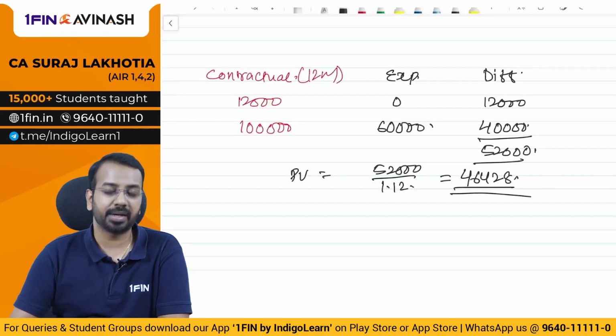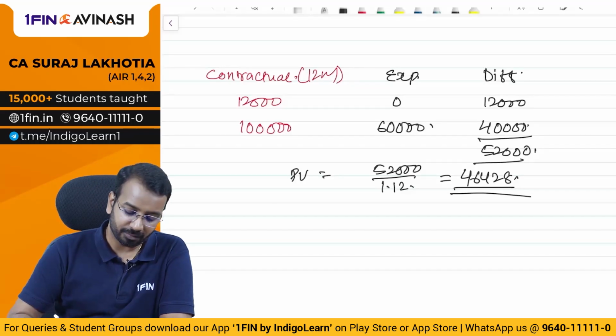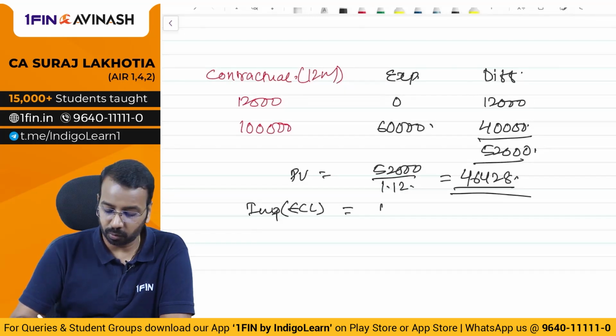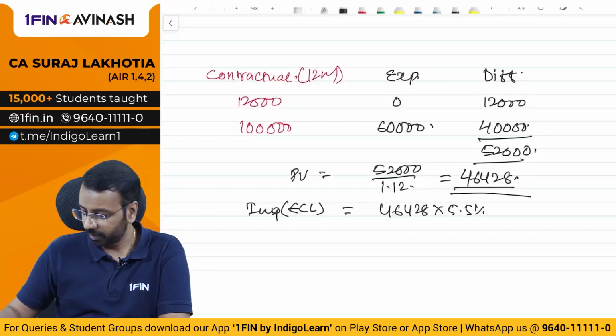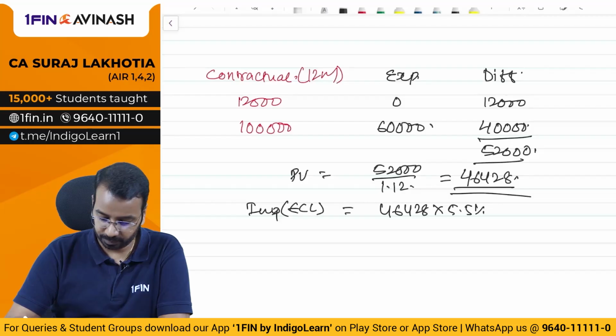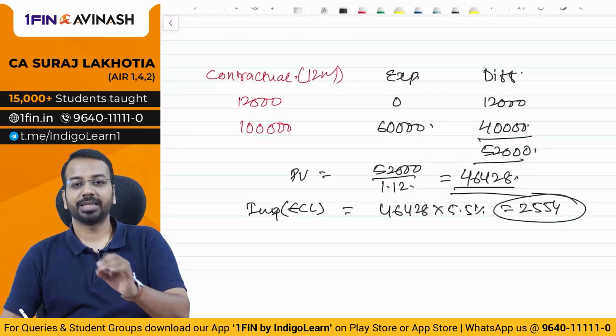But what is the probability of loss given default? 5.5%. So the expected credit loss is 46,428 into 5.5%, which is 2,553 or 2,554. This is the expected credit loss that we need to provide.